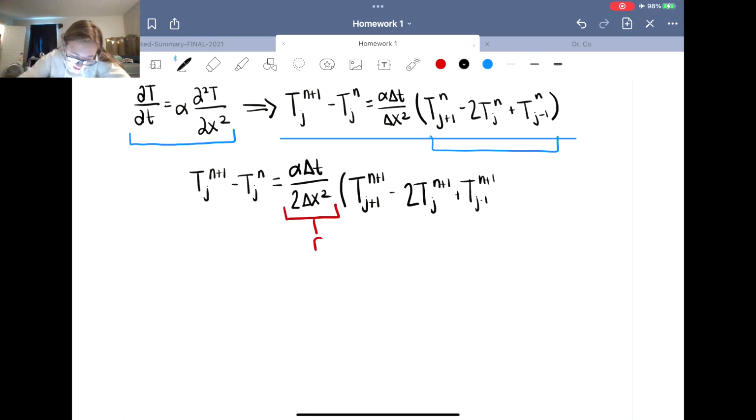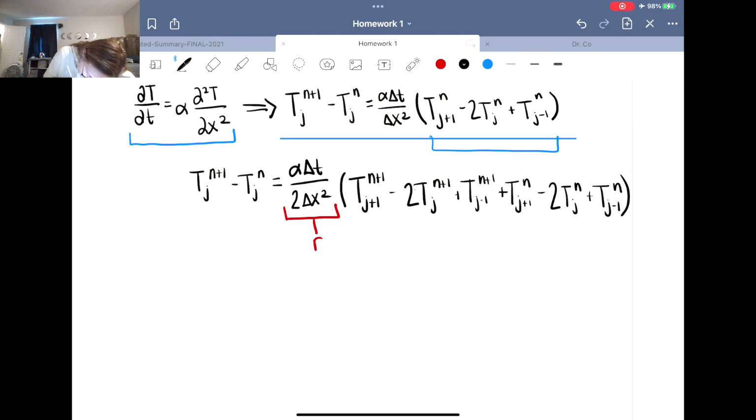And then we're going to get plus our T_(j+1)^n. So these are our previous time steps. Right? Next thing we're going to do is multiply this R through this whole equation.